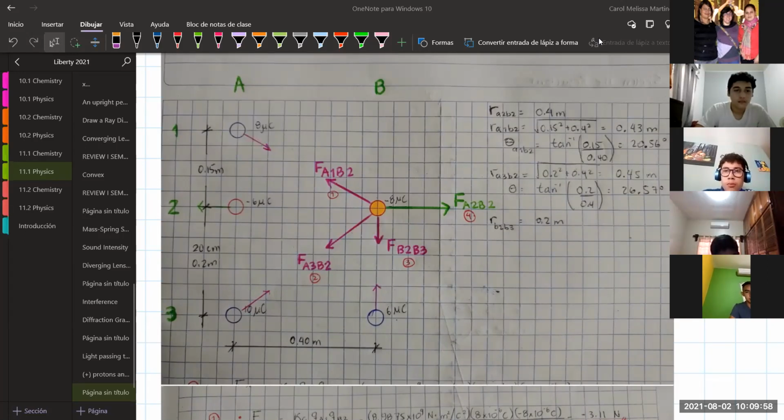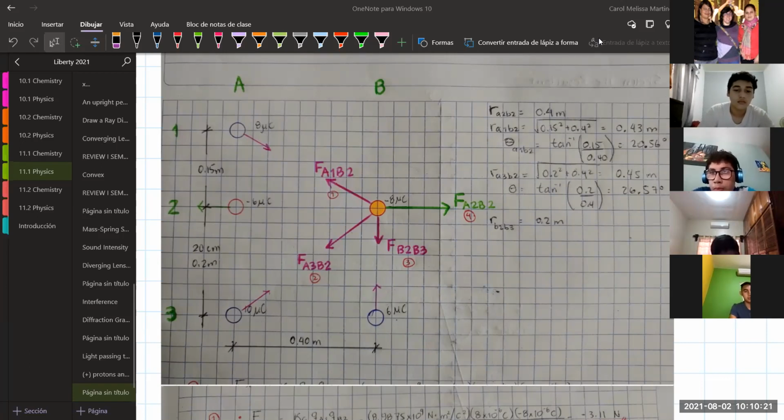Because the two charges are different, they have opposite kind of charge, so we have an attraction force, okay? The particles want to get closer. So the direction of my force comes in this way. This is the analysis that I do for the first force.